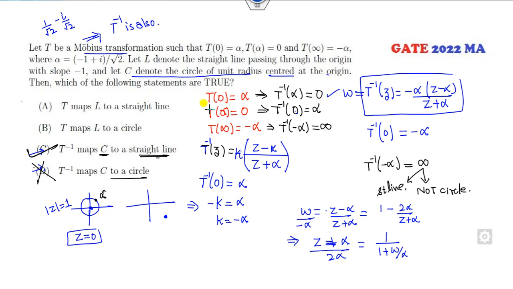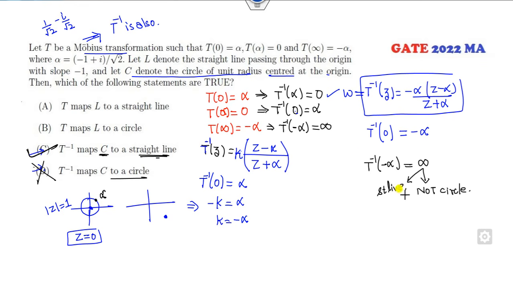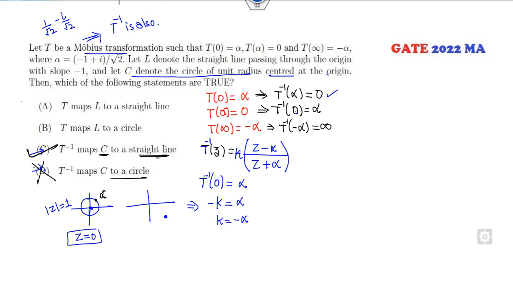Instead of this, you can start from, okay, this part is over. Now I can use this transformation. Because it's a Mobius transformation, I can assume (az plus b) over (cz plus d). T of 0 is alpha, so b over d is my alpha.